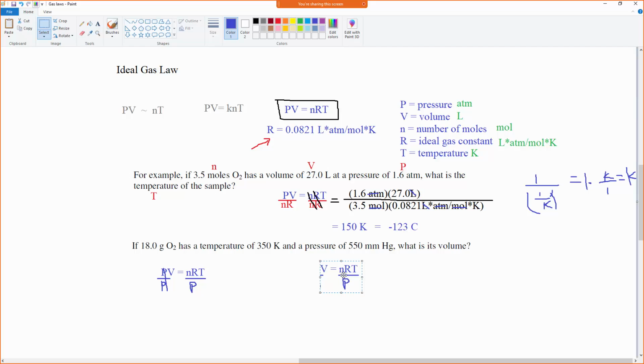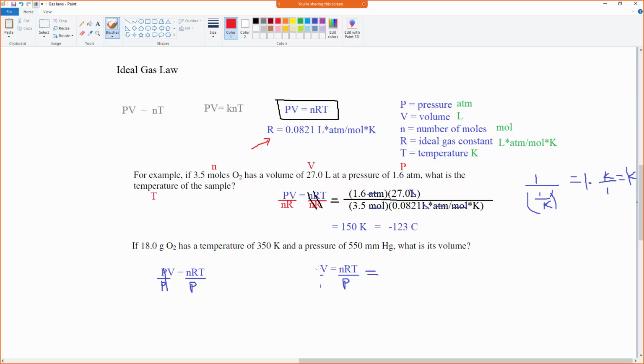Okay, so we want to plug this in, but we have something else we need to do. And that is, we have to convert from mass to moles, because R is in units of liters, atmospheres, moles, and Kelvin. I have to make sure that I am also in units of liters, atmospheres, moles, and Kelvin.